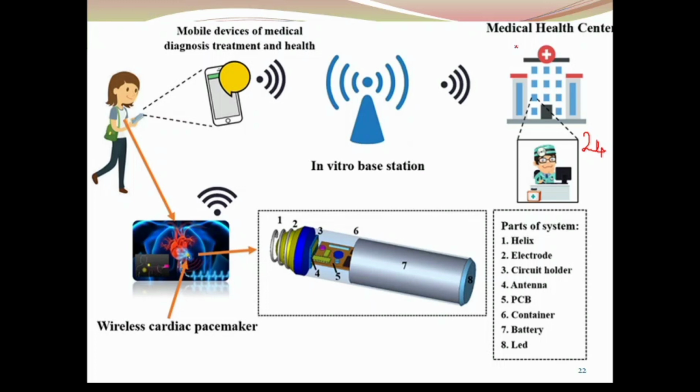From here we can monitor a patient in London or somewhere else, or a London doctor can monitor a patient in India. In a similar way, wireless health monitoring is possible because of antenna systems. Through a mobile app we can monitor the health condition of the patient, and this is the wireless cardiac pacemaker to stimulate the heart's functioning, right? So this is an example of pacemakers.